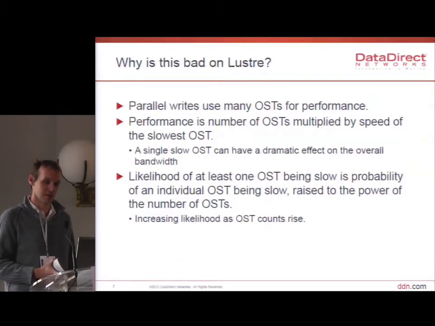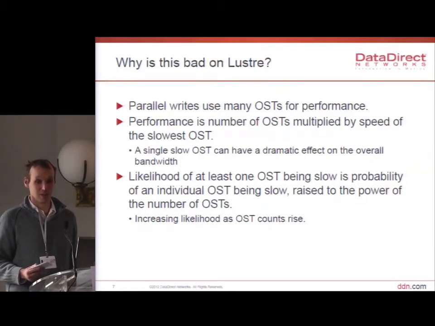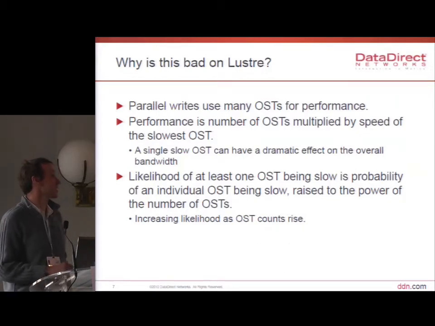It's actually the performance of the slowest OST multiplied by the number of OSTs. The example I've used here is 60. If you do 60 reads and one of them is slow, in effect, because you're waiting for all of them, they're all slow. So a single slow OST can have a dramatic effect on performance.